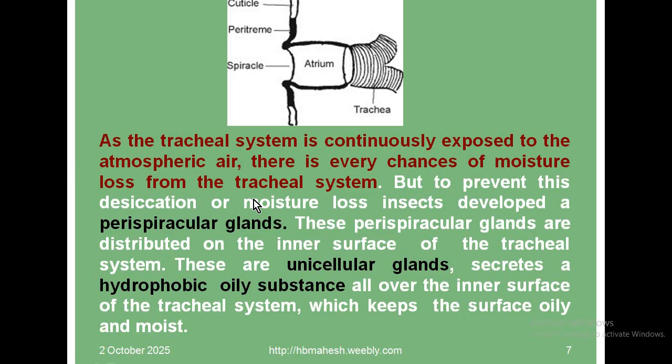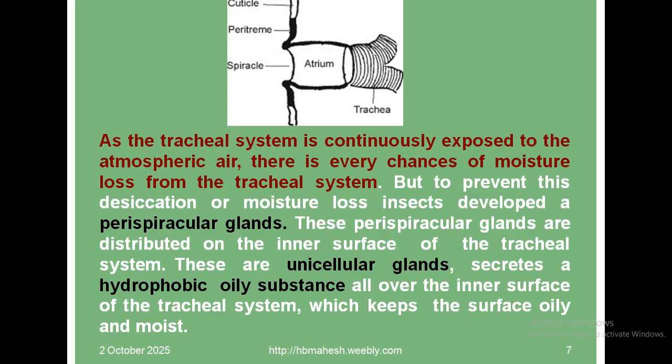As the tracheal system is continuously exposed to the atmospheric air, there is every chance of moisture loss from the tracheal system. So during respiration, there is every chance of moisture loss. But to prevent this desiccation or moisture loss, insects developed perispiracular glands.